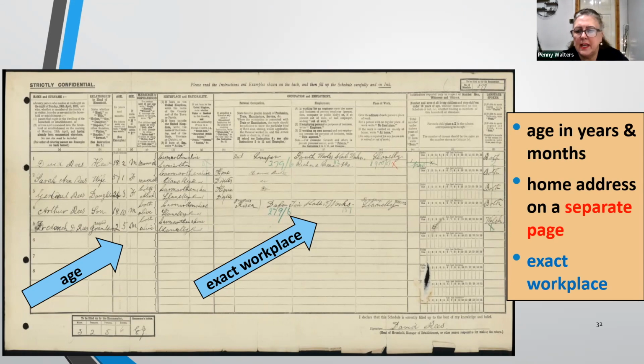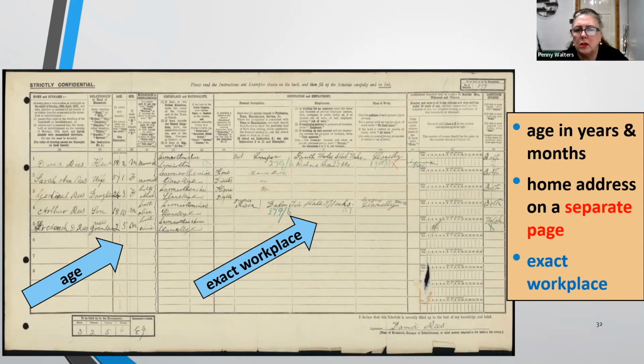The thing that's really excited me, because every ancestor seems to have been working in the coal mine or the steel works or the tin works, you get the exact workplace. So it says here that the son is working, if you can squeeze up your eyes just above the blue arrow, in the Davin tin plate works. So that's fab.